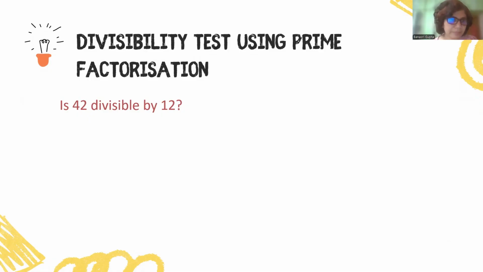Let's see another example. Is 42 divisible by 12? Let's do prime factorization of 42. 42 is 6 into 7, and 6 can be further divided as 2 into 3. So prime factors of 42 are 2 into 3 into 7, and prime factors of 12 are 2 into 2 into 3.